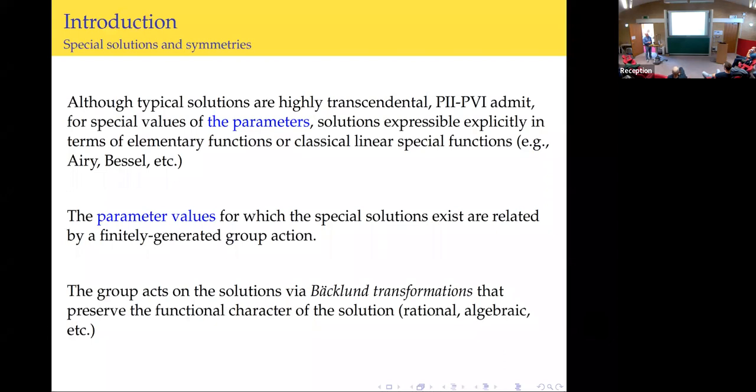So these are some kind of transformations of the function u and u prime, and they have the effect that they preserve the functional character of the solution. So if we start out with a rational function and we apply a Bäcklund transformation, what we get out again is a rational function. Also algebraic functions, etc.